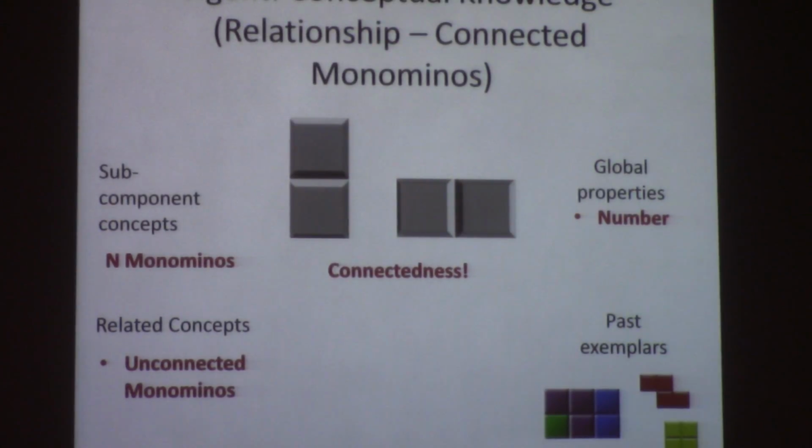You have to have some concept of what connected is. What does it mean for two tetrominoes to be, or not two tetrominoes, but two monominoes, monominoes. I don't know why I can't say that word, but to be connected. So that has to be understood, and it's not an easy thing to declare.